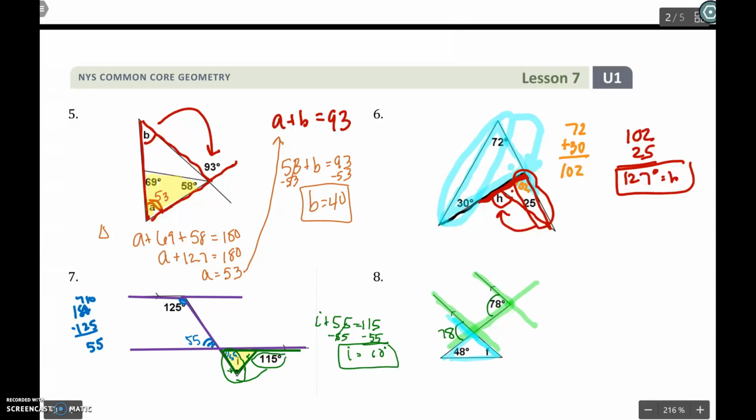So that 78 we just found is now an exterior angle to the triangle, so we equal it to the two interior angles. So not the one next to it, but the other two added together. So 78 would equal the 48 plus F, and when you subtract 48 from both sides, you're going to get 30 for your angle F.